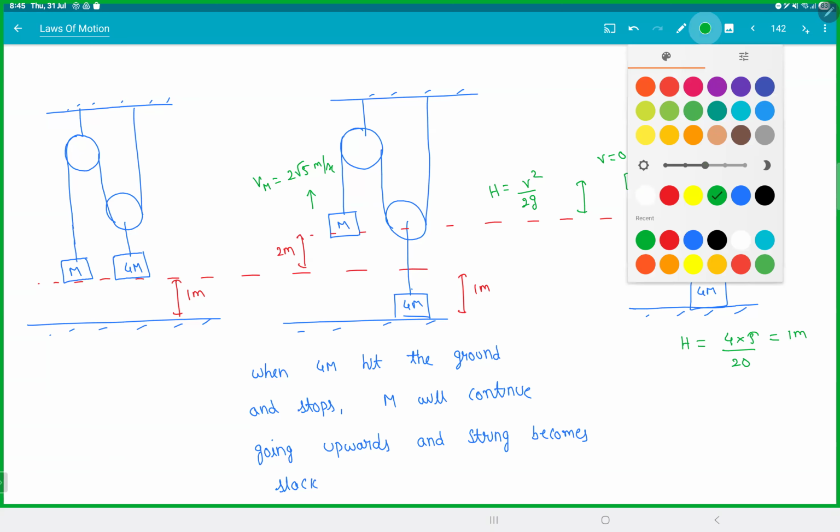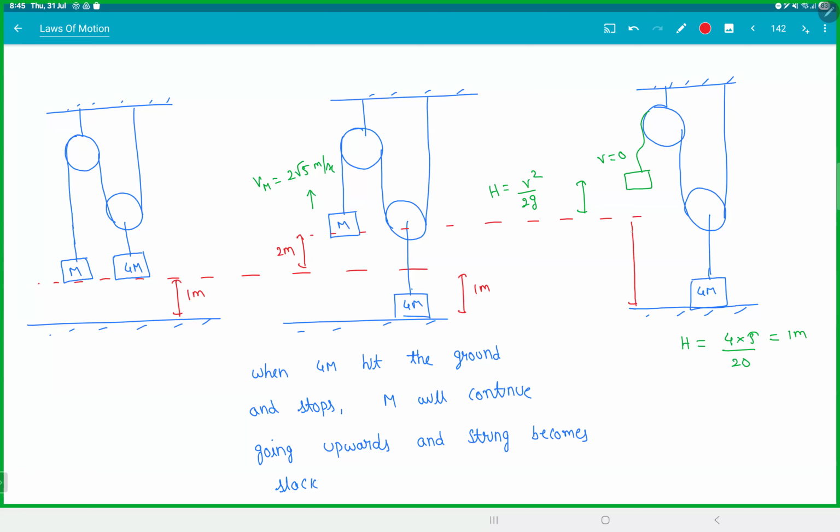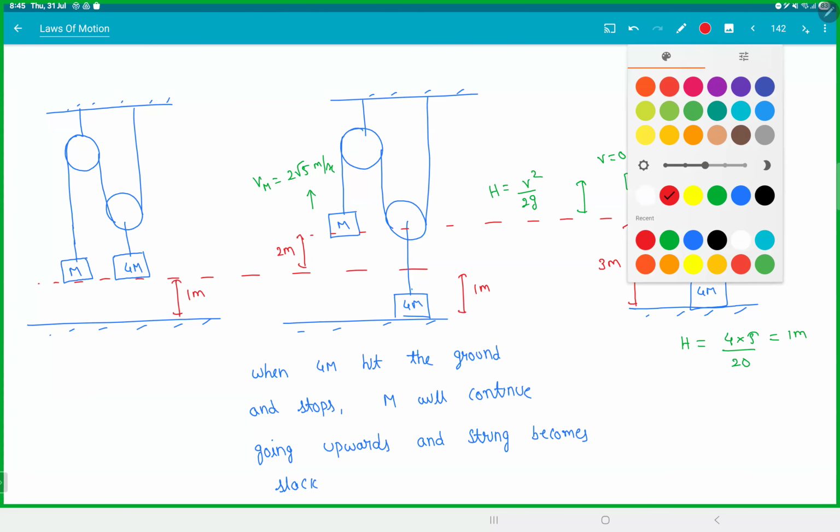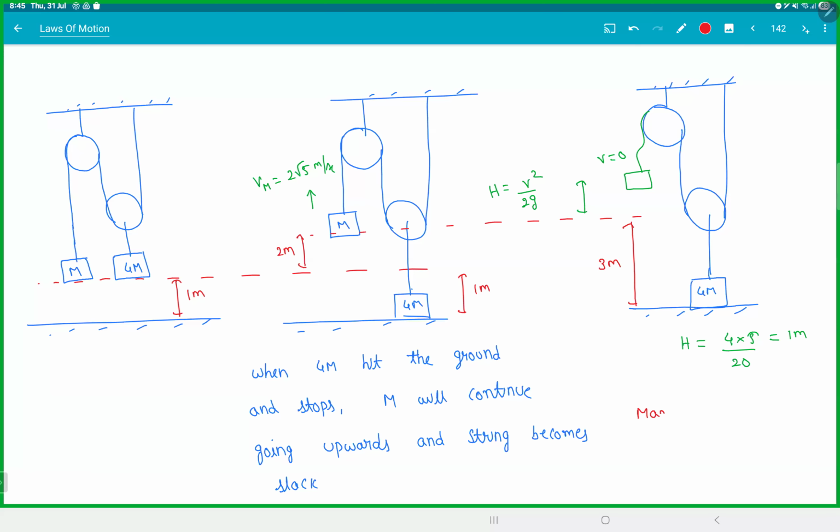So this block will go to a total height of 4 meters. So it is already 1 meter above the ground. When 4M comes down, it will go 2 meters and then it will continue to fly up like a projectile. Therefore, the maximum height will be 1 meter from the ground, then 2 meters, and then 1 meter more. Total 4 meters. Is that clear, everyone?